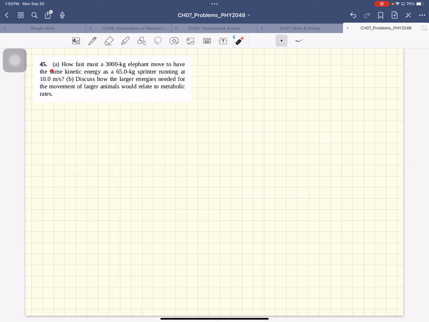Okay, this says, how fast must a 3,000 kg elephant move to have the same kinetic energy as a 65 kg sprinter running at 10 meters per second? So that's roughly how fast a human can run.